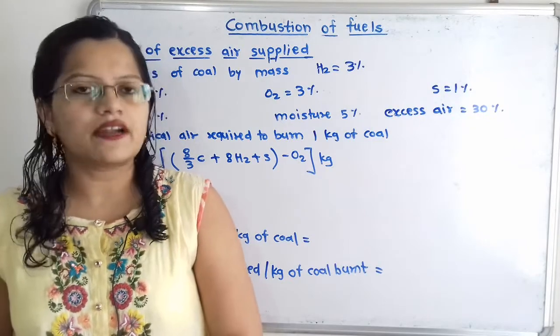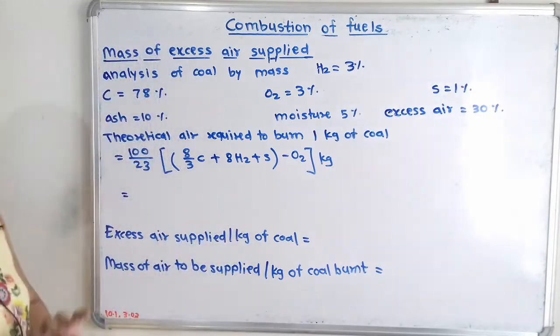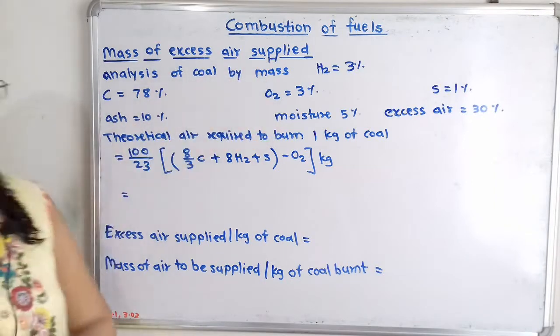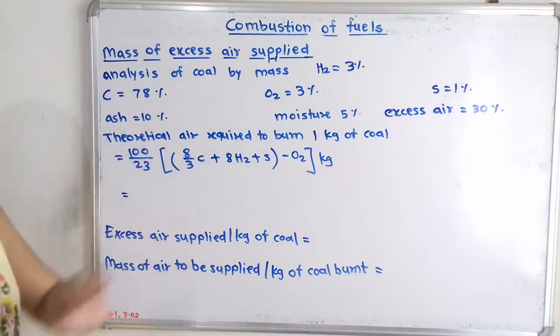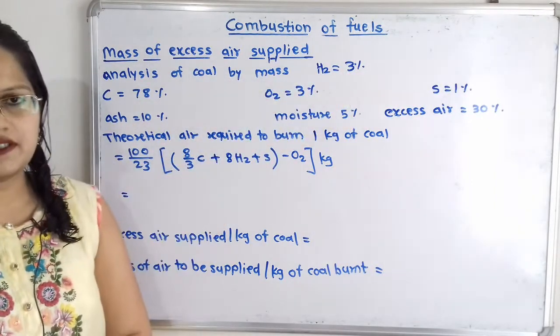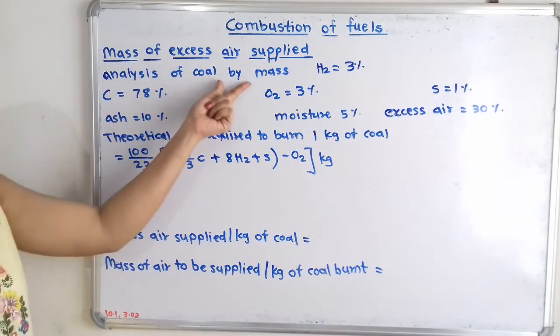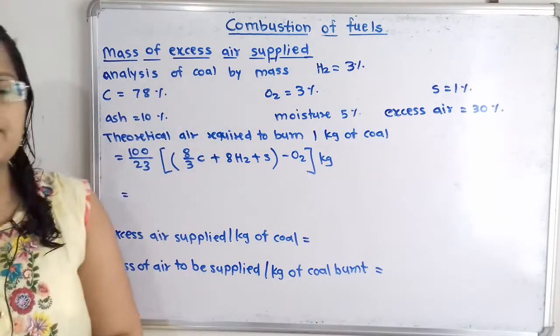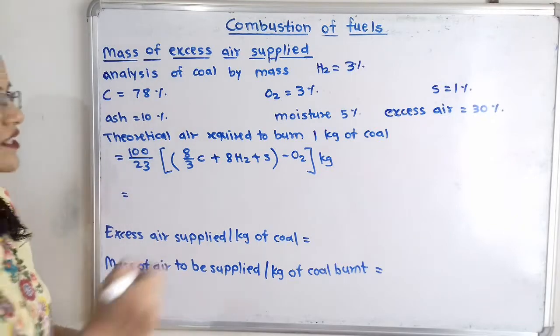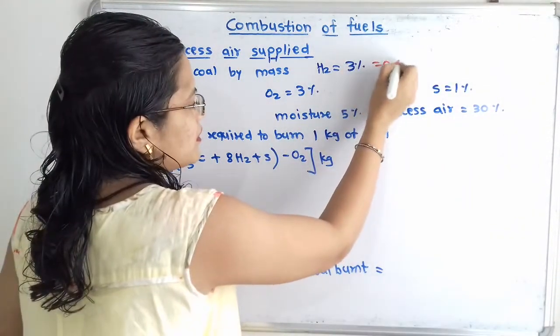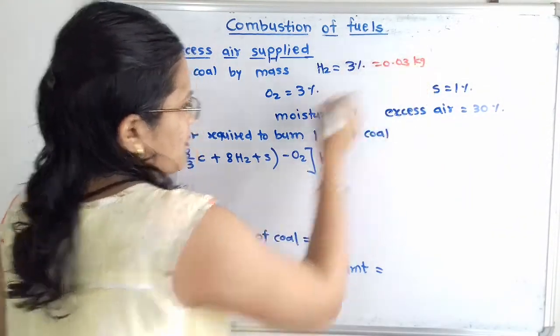Let us understand the given data. Analysis of coal by mass is given. Hydrogen is 3%, so with mass it is 3 by 100, which is equal to 0.03, and the unit is kilogram.